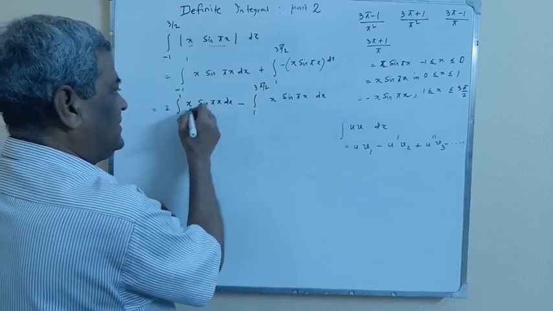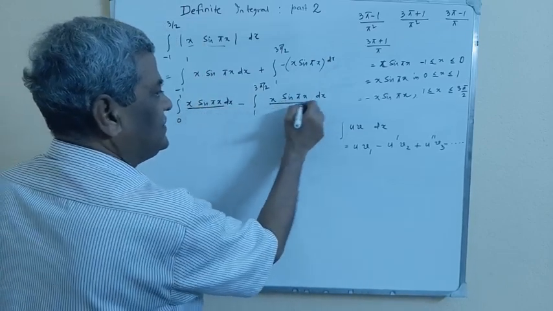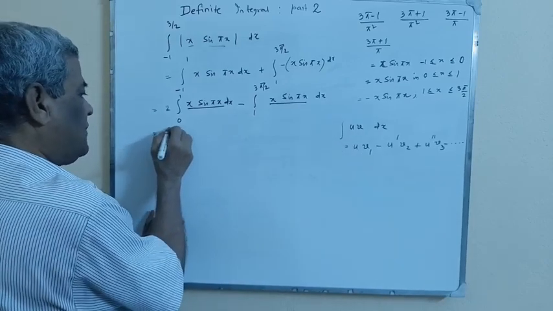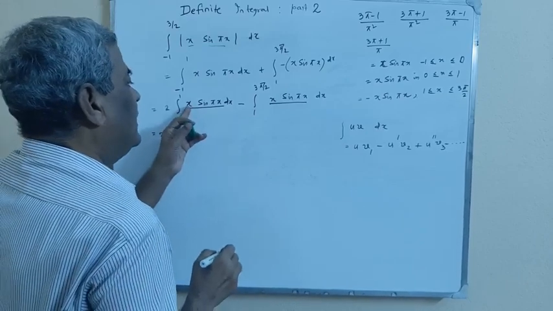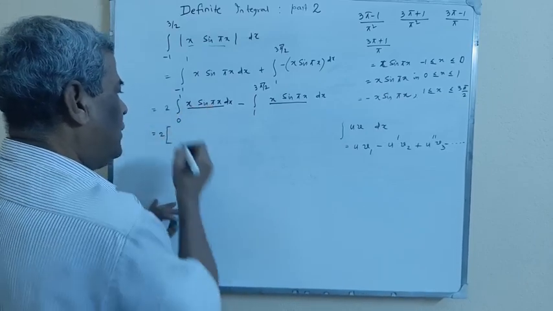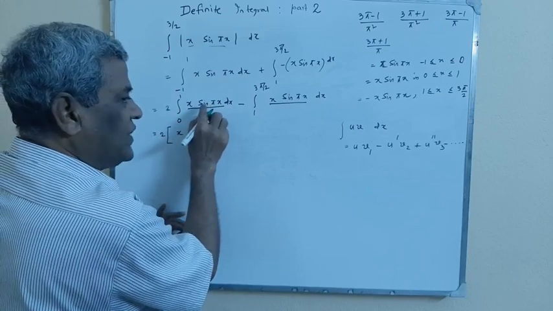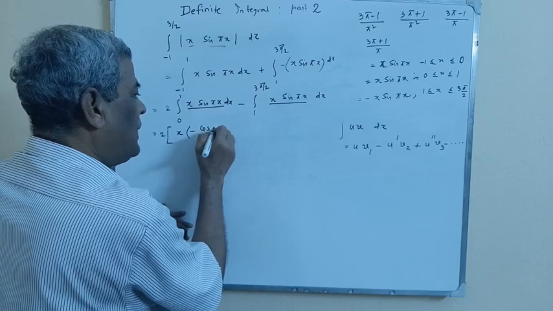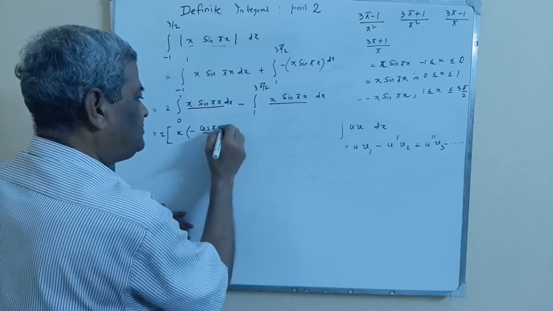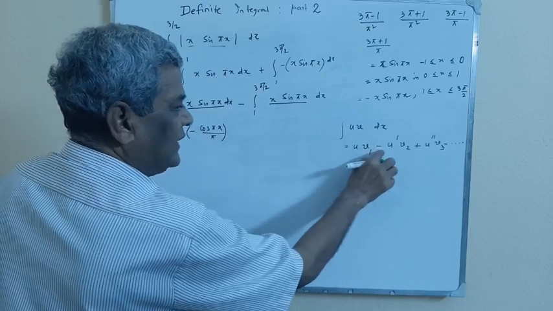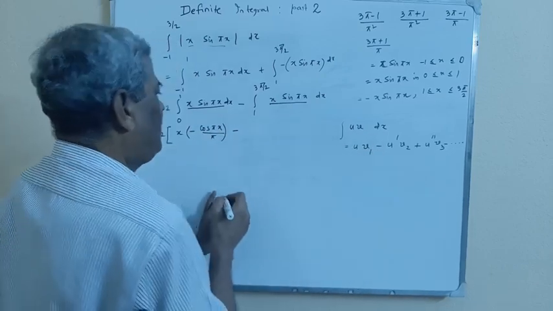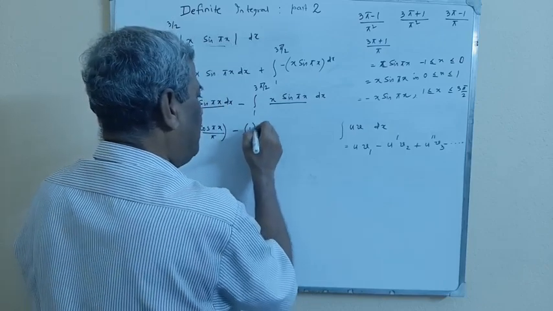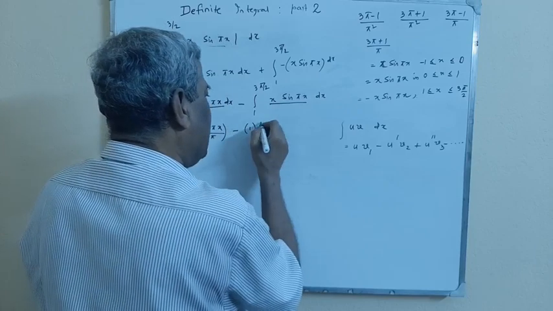Now, in both cases, we have to integrate this, and the formula is that it is equal to 2 times, this is u, this is v, so x into integration of that, minus cos pi x by pi, then minus the derivative of this, which is 1, into integration of that.